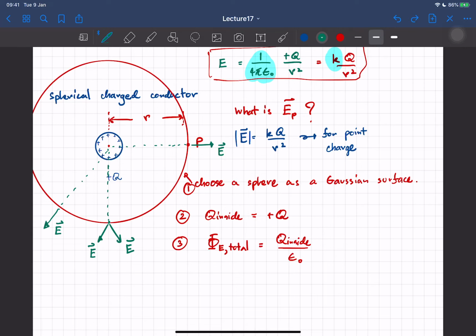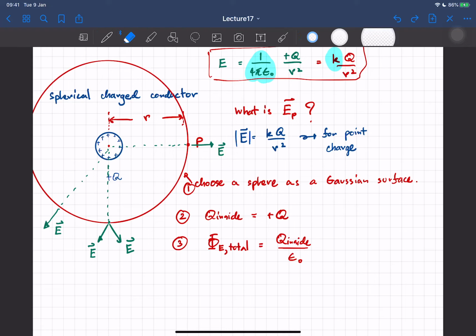So you have something that you cannot decide, because it's not clear why one is preferred over the other. That's because you are violating the symmetry of the problem. The problem has spherical symmetry, so the electric field must also obey that symmetry.